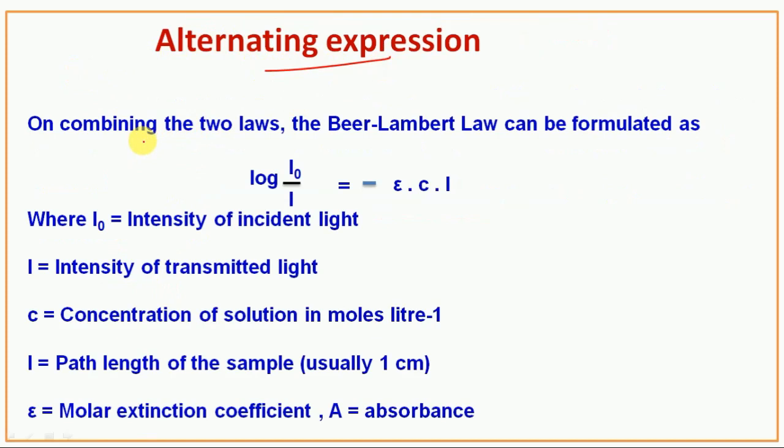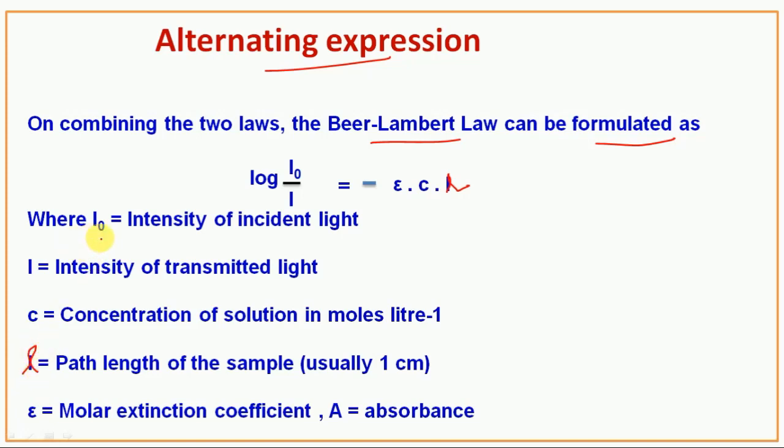On combining the two laws, the Beer-Lambert law can be formulated as: logarithm of I naught divided by I is equal to minus epsilon C L. This is L, not I.